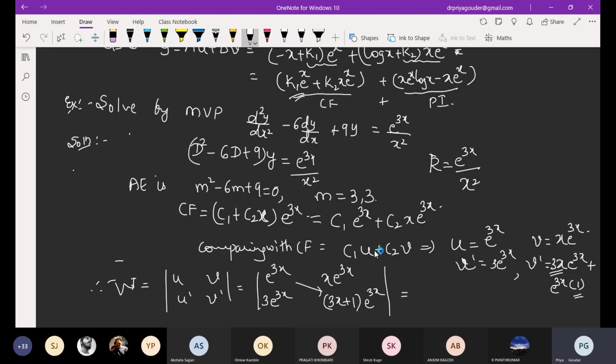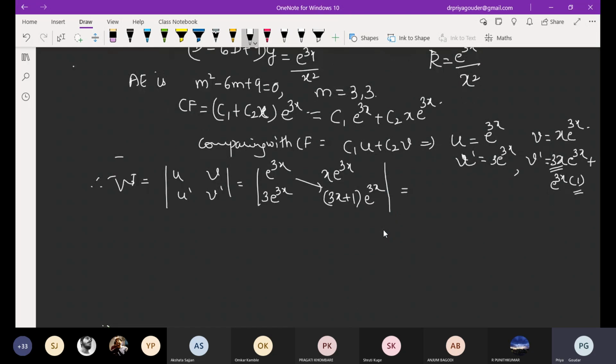Multiply: e raised to 3x into e raised to 3x is 6x or 9x? 6x. Very good. a raised to m into a raised to n is a raised to m plus n. So 3x e raised to 6x.